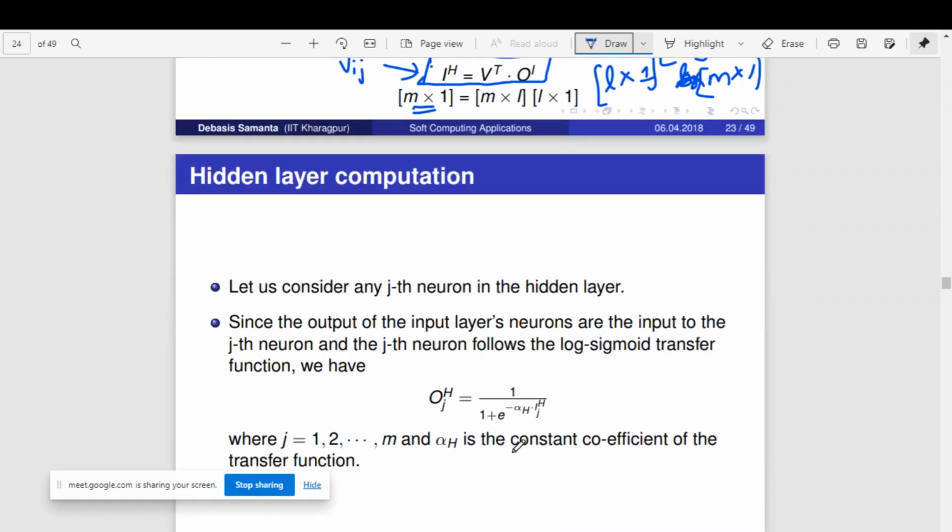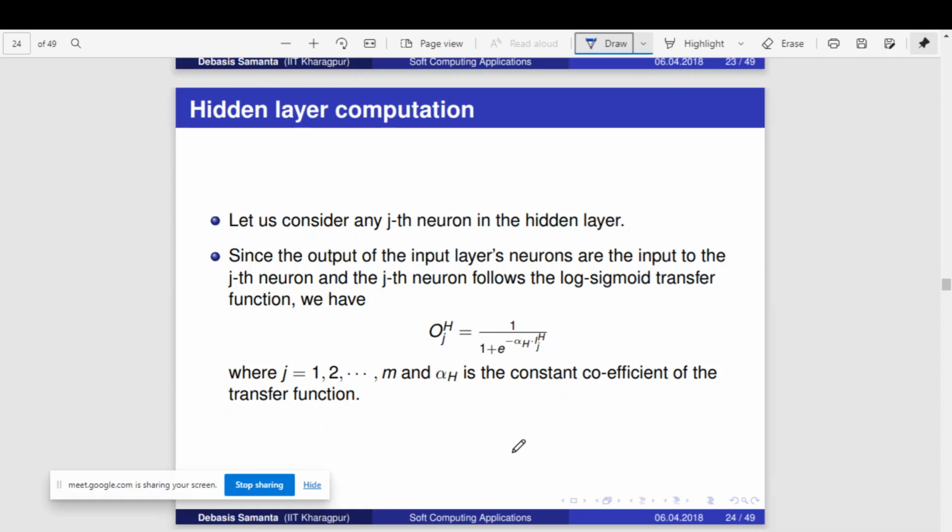Similarly, next we are going to perform the calculation for the hidden layer computation. Again, let us consider the jth neuron in the hidden layer. All the outputs from the input layer will go as the input for the jth neuron along with the weight, and the jth neuron follows the log sigmoid transfer function.